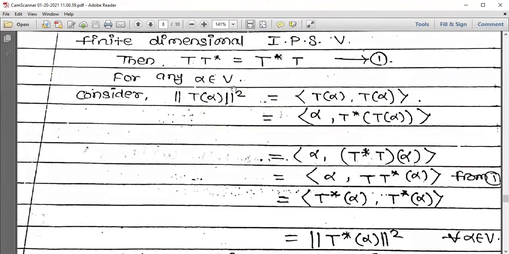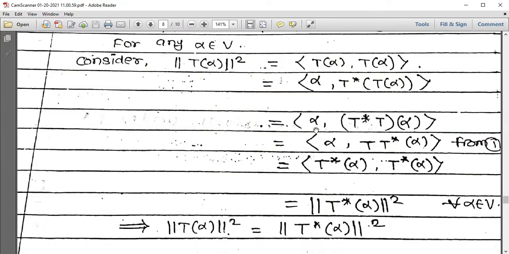For any alpha belonging to V, consider the norm square of T alpha, which is equal to the inner product of T alpha and T alpha by the definition of norm. By the definition of adjoint, this equals the inner product of alpha and T star T of alpha.